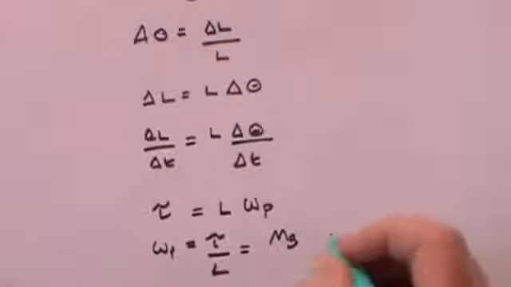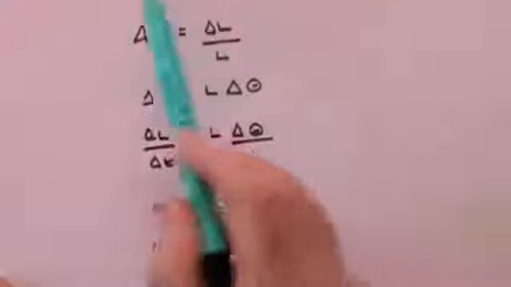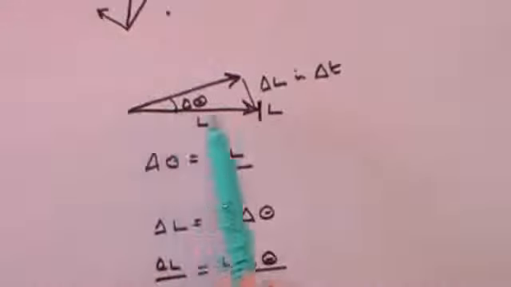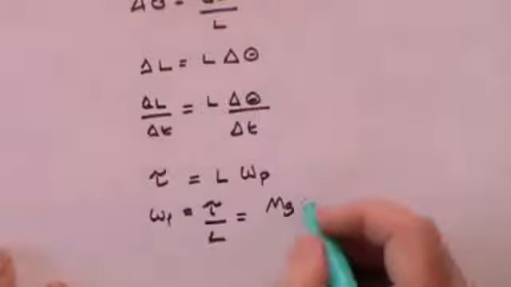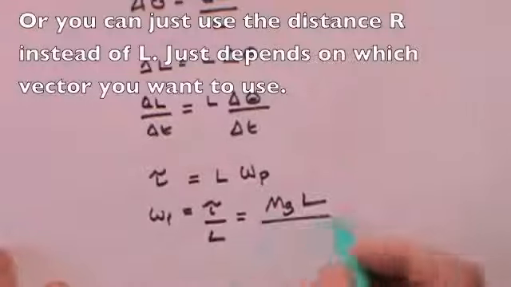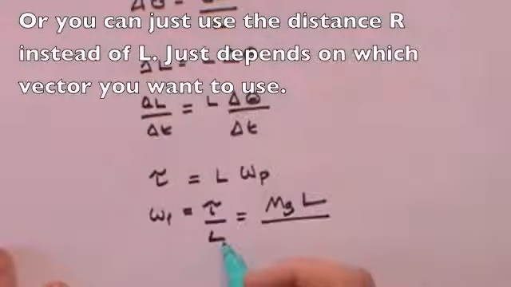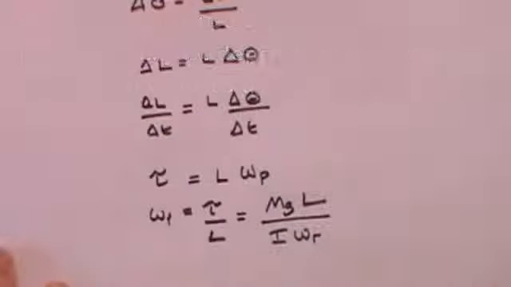So tau is mg times, and in this case, of course, we can regard that distance as l, divided by L, the length of the angular momentum vector, its magnitude, which is I omega. And omega in this case is the rotation of the disk itself.